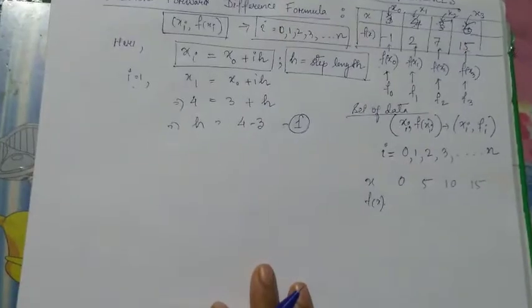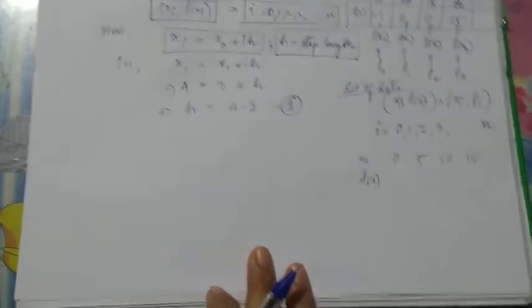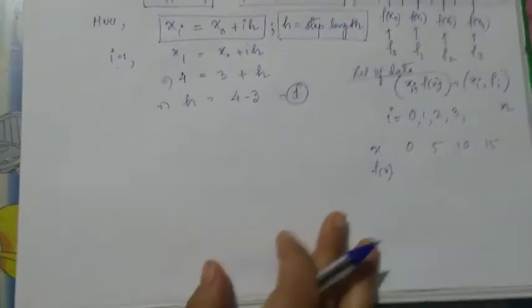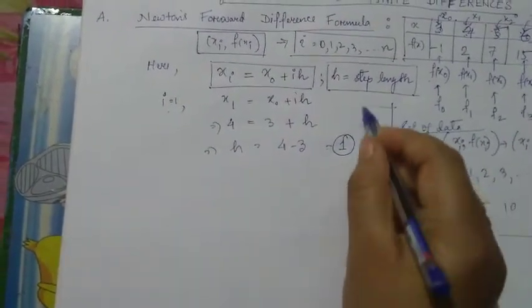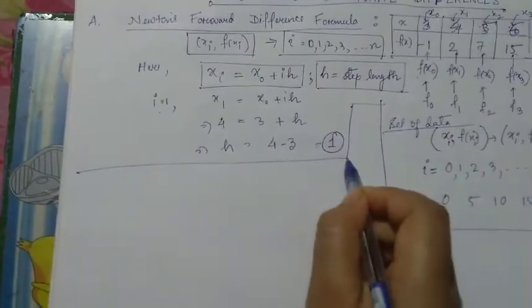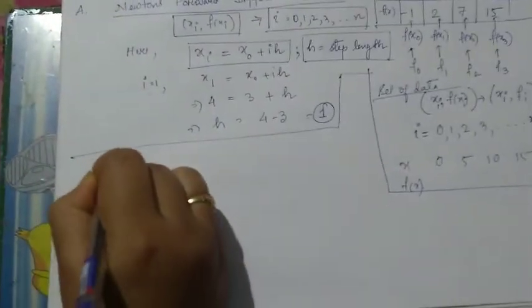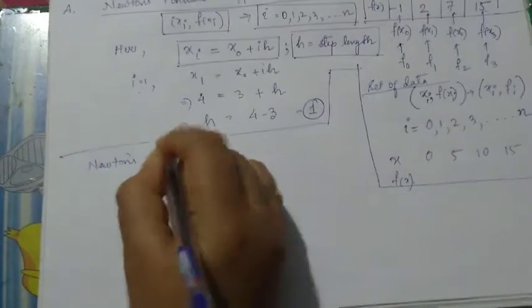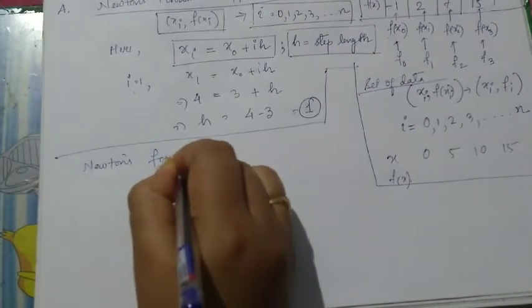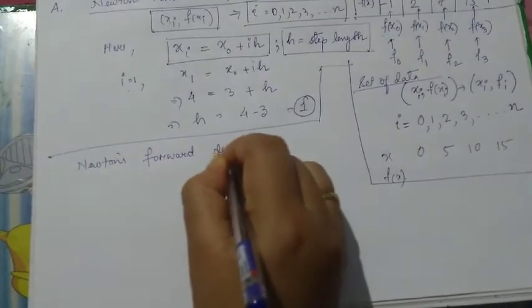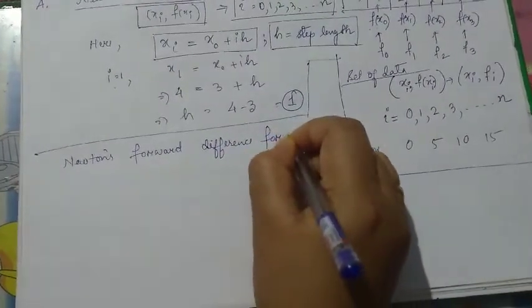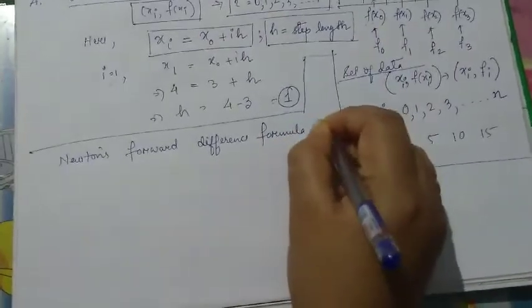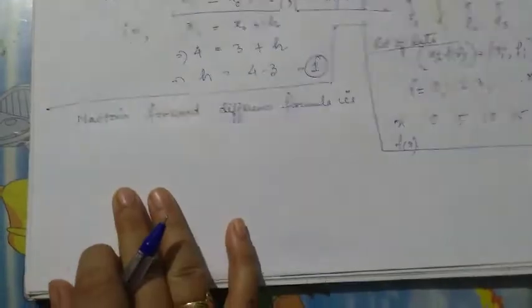Now Newton's forward difference formula is going to be a little bit longer expression. Newton's forward difference formula is written as follows.